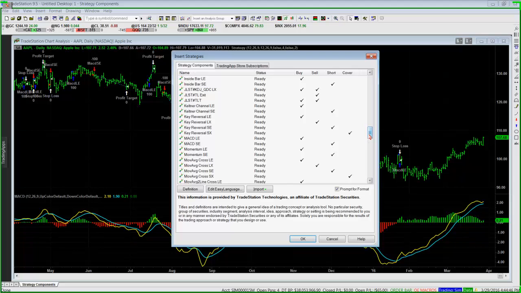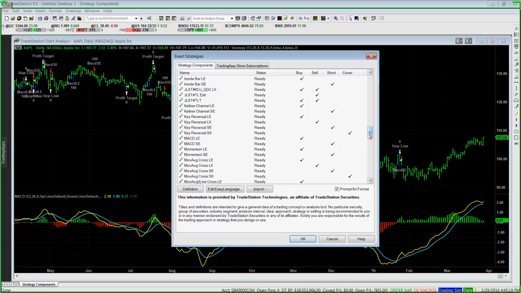So right now I'm using MACD with a profit target and stop loss, but you may want to look at a key reversal pattern and exit with a trailing stop or a moving average cross. And all we're going to do is reverse, go from long to short. So the strategies that you can test here can be very elegant. They can be made up of multiple entries and multiple exits, or it can be very simple, one entry and one exit.